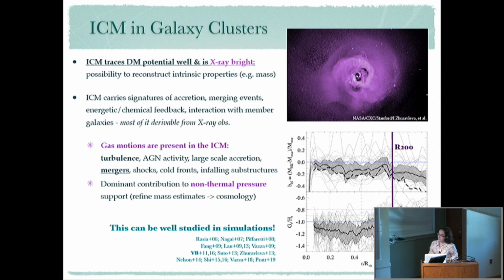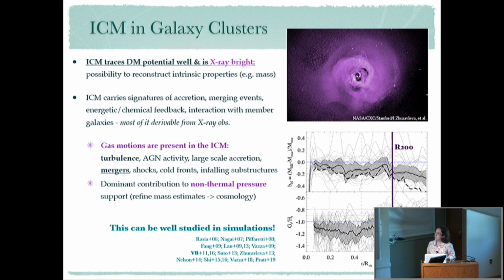And all these processes that I mentioned are actually signatures that motions in the ICM can be significant and can have non-thermal origin. So we usually assume that the intracluster medium sits in the potential well, feeling the depth of the potential well, and having some thermal motions essentially, which reflect its temperature.